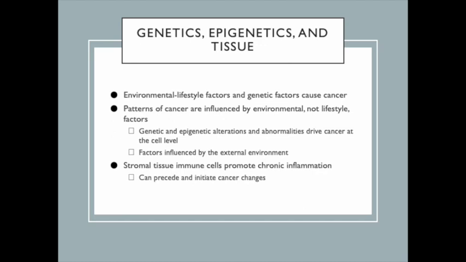They also facilitate metastasis, so the growing and development of cancer, because stromal tissue has various immune cells that promote inflammation. And this stromal tissue inflammation can precede and initiate the changes that we see in cancer.